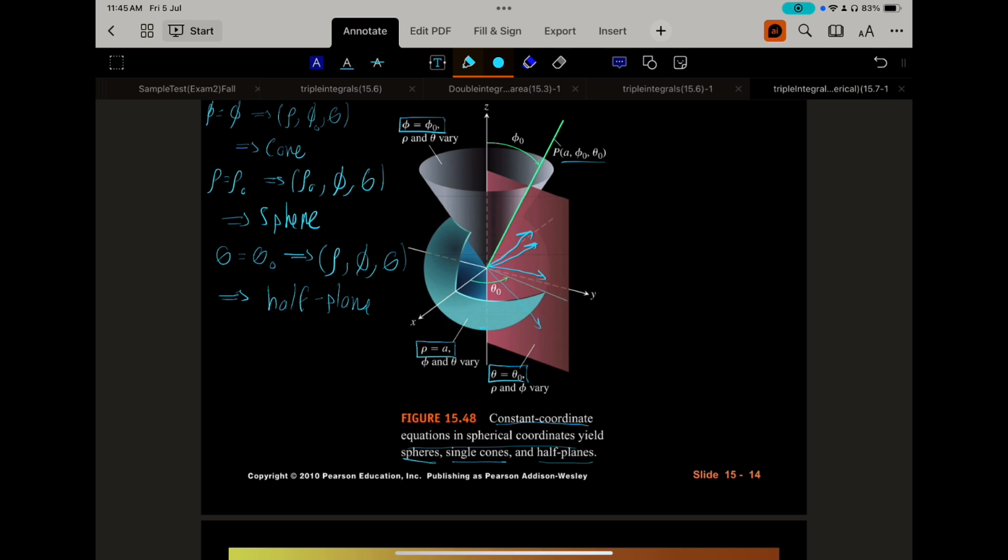And as we vary rho, we can have longer lines. This combination yields us a plane, or half a plane. The reason we cannot have a full plane is that we said phi is always between 0 and pi, or 180 degrees. Phi cannot be more than 180, and that's why we get a half plane and not a full plane. Phi can only be from 0 to pi, and that's it.